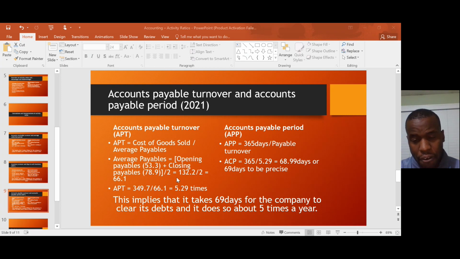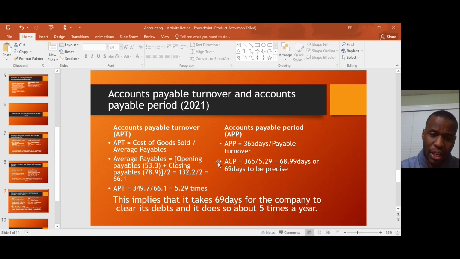Assumed trade payables were 53.3 at the end of 2020 and 78.9 at the end of 2021. So we calculated the accounts payable turnover for 2021 after determining the average payables, which were divided into the cost of goods. The average payables were determined to be 66.1, and they were divided into the cost of goods, which have already been mentioned.